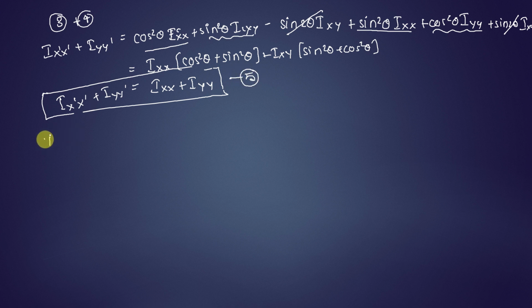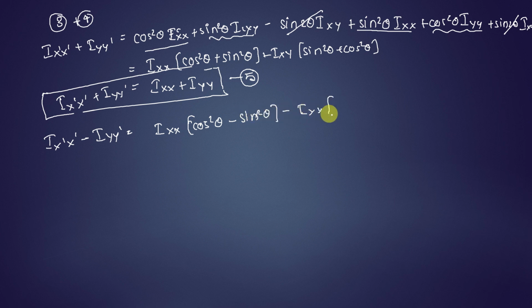Now let us subtract Ix'x' minus Iy'y'. In the same process you have to put a negative sign here. What will you get now? Ultimately we get Ixx into cos square theta minus sin square theta, minus Iyy taken common, cos square theta minus sin square theta. I am writing directly so you can see the notes for the entire thing.